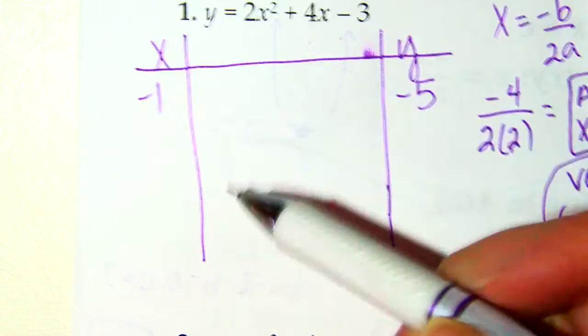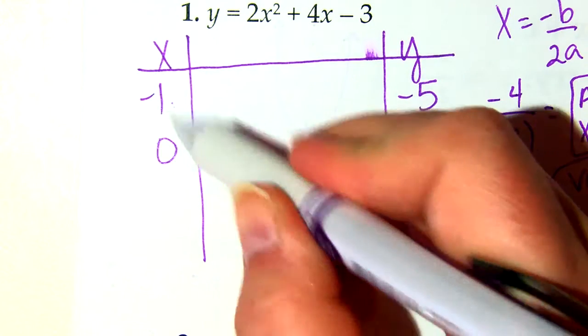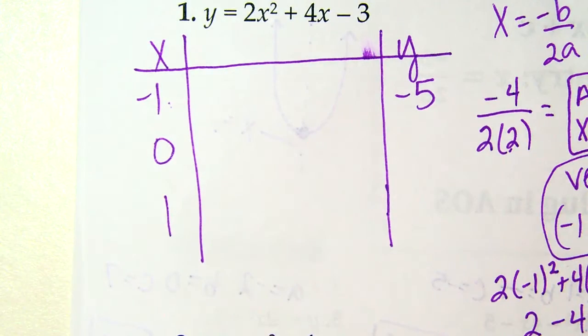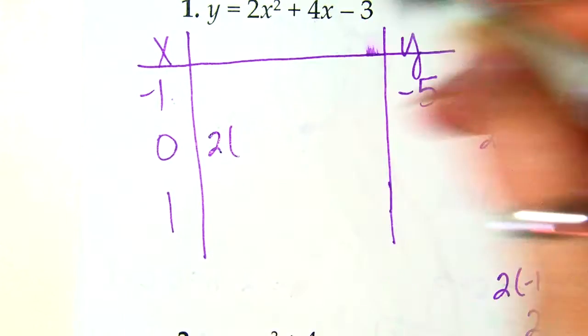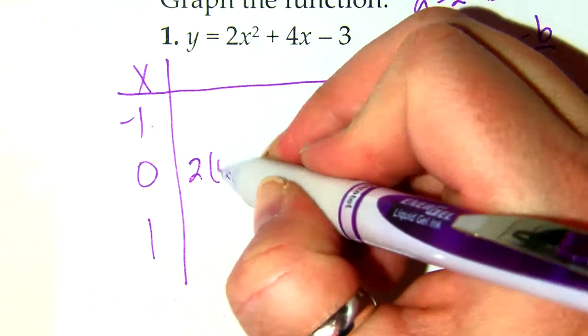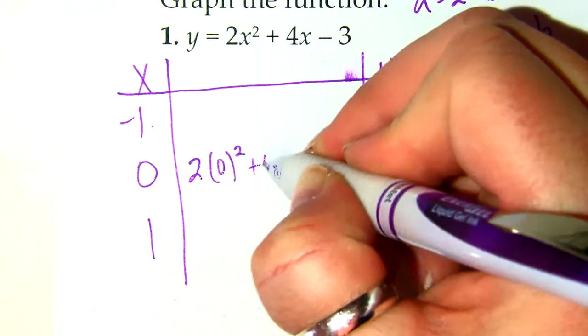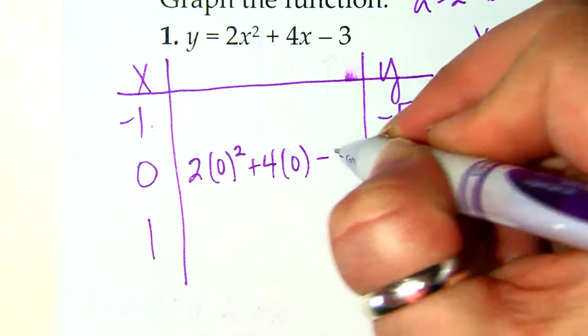So 1 bigger than this is 0 and 1 more bigger is 1. So pick 2 numbers just above this number. Plug those in. So 0, I'm plugging them back into the original problem. 2 times 0 squared plus 4 times 0 minus 3.